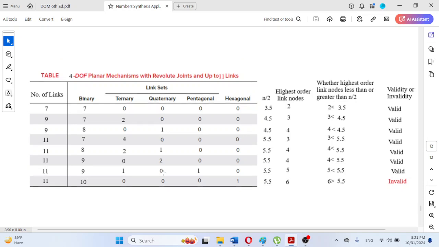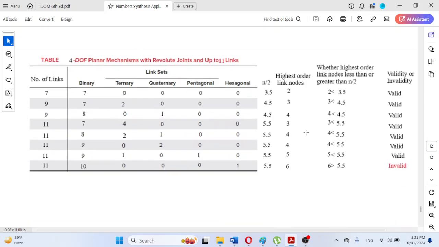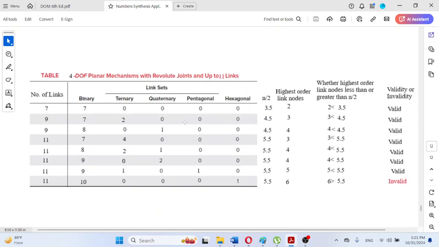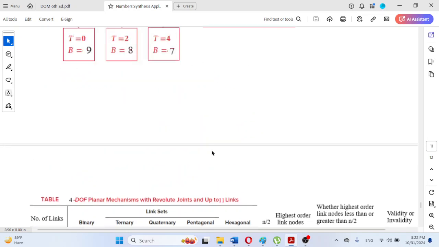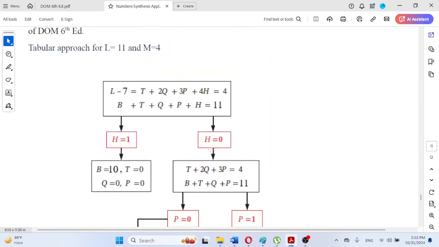This is the further procedure, whether the linkage is valid or invalid, we will not omit any link set. So here the linkage up to 11 links and 4 DOF has also been explained for the assistance of students and audience.